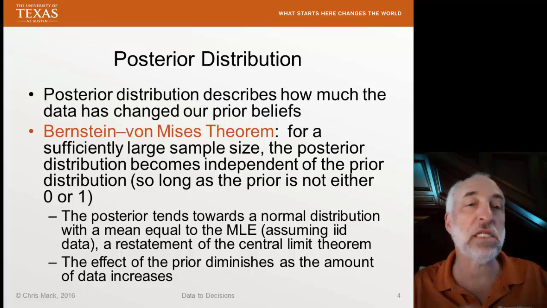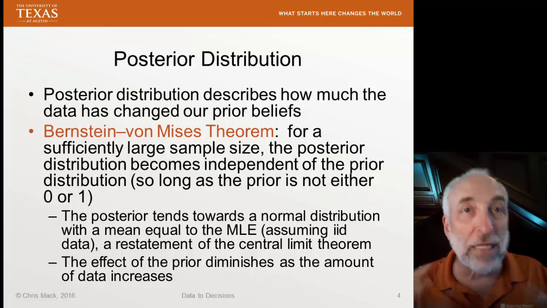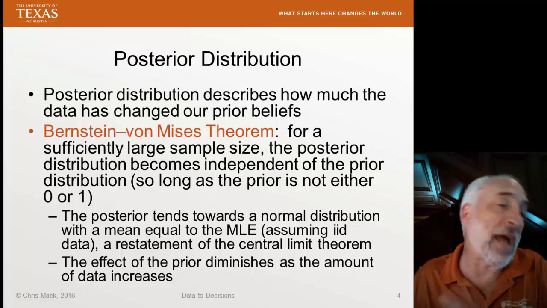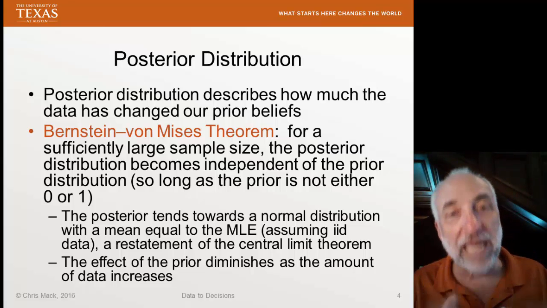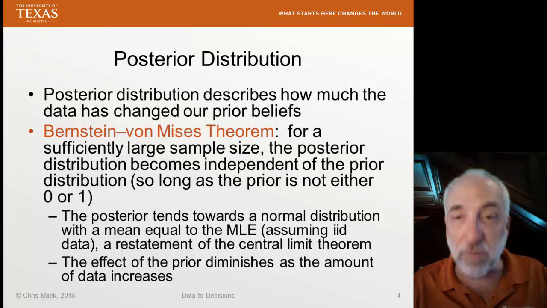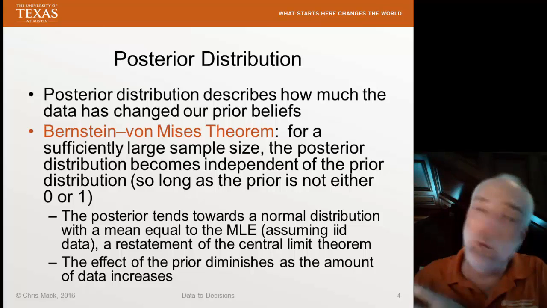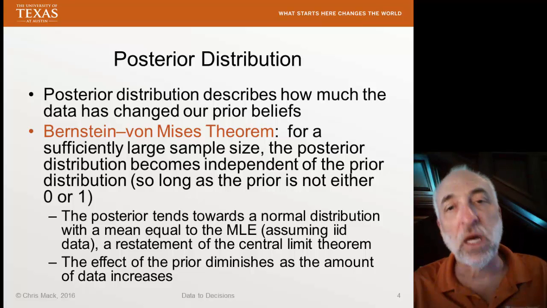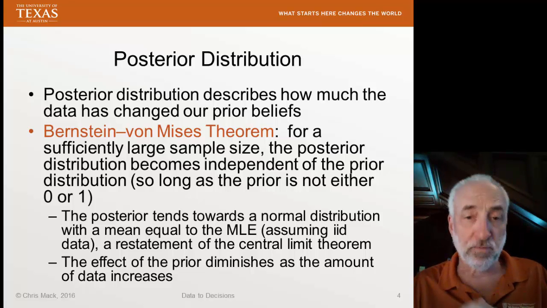Other than those extreme cases, if I have a really large data set, then the prior doesn't really make much difference. The data is so convincing, it has so much information about what's really going on that it will shift our belief system to be governed only by the data.